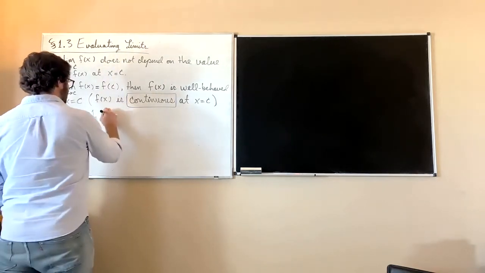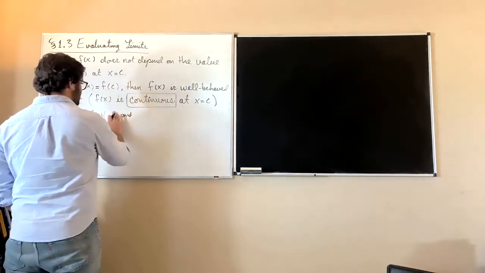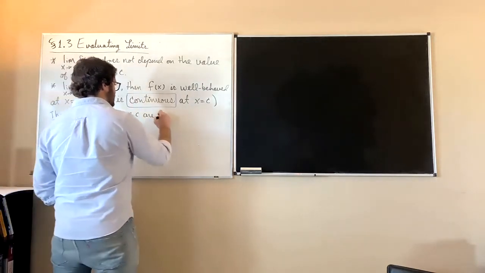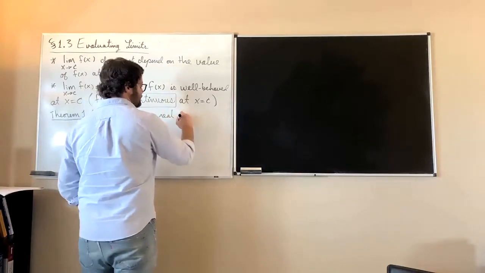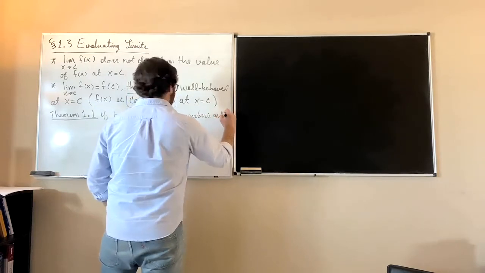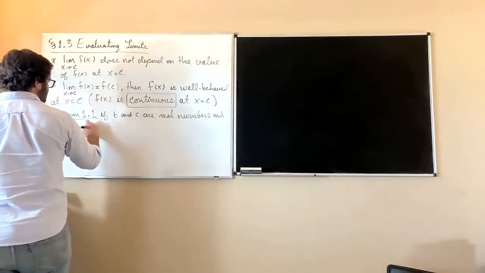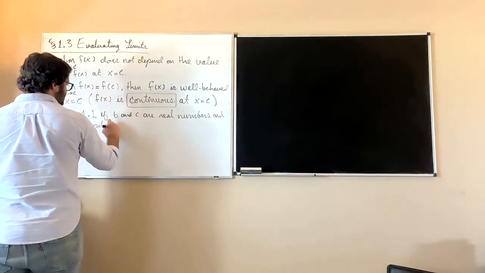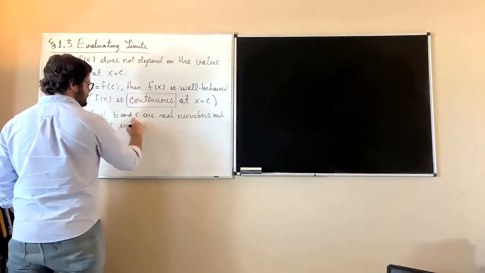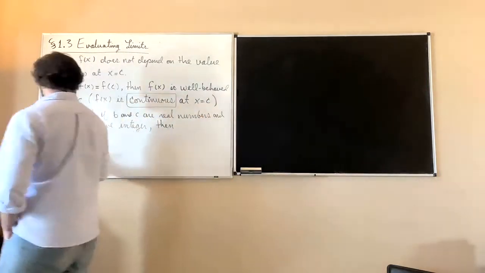Okay, so if b and c are real numbers, and n is a positive integer, then we have several parts.